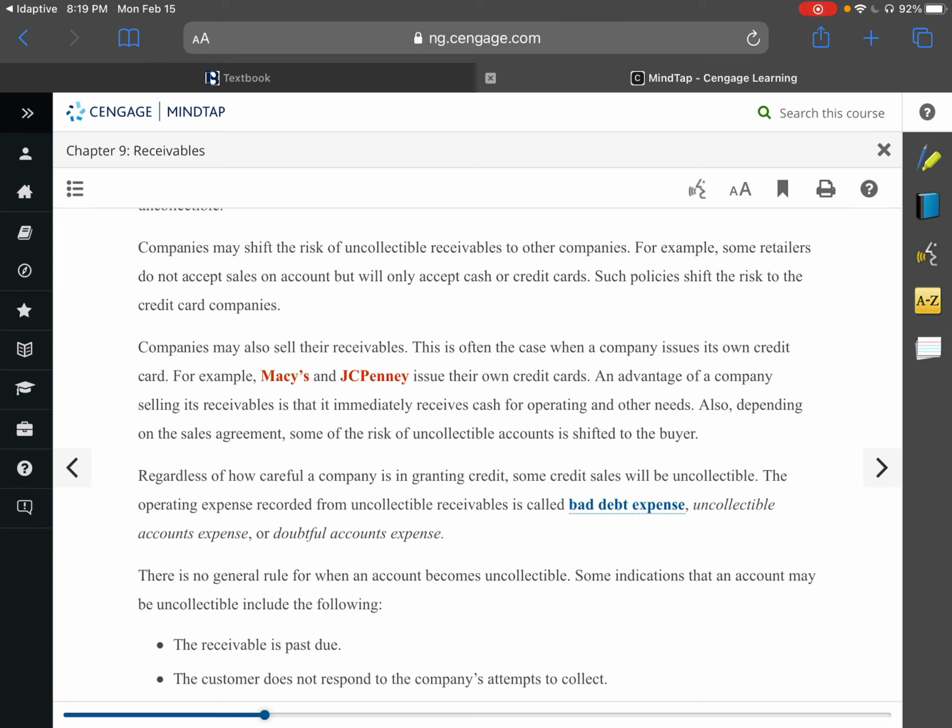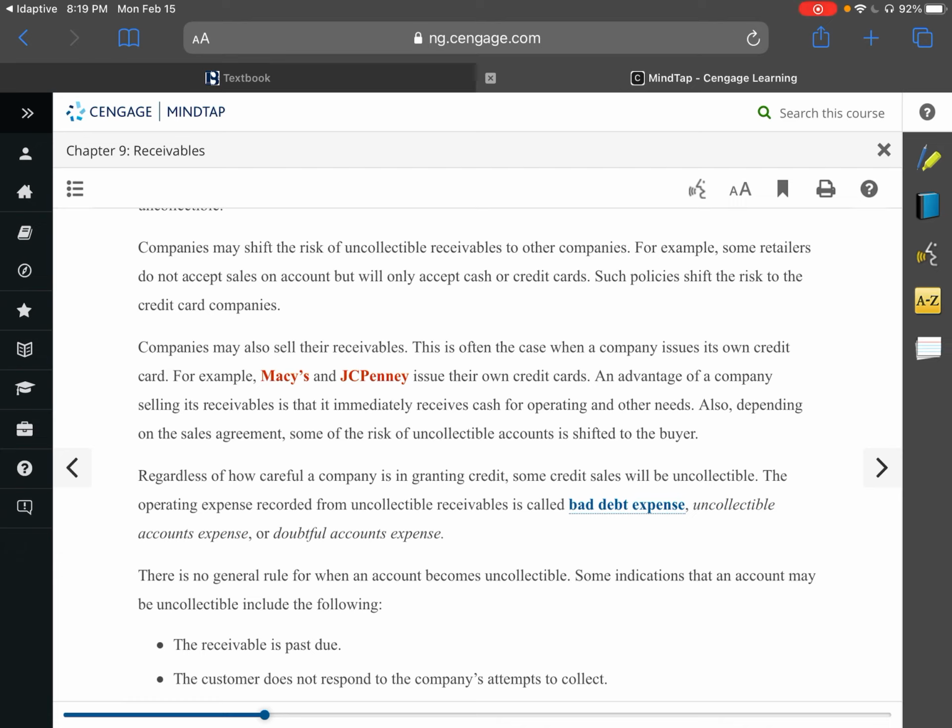Or there are credit agencies that companies can sell their uncollectible receivables to for a certain amount, and then that credit agency has the ability to go and try and recoup that full balance.